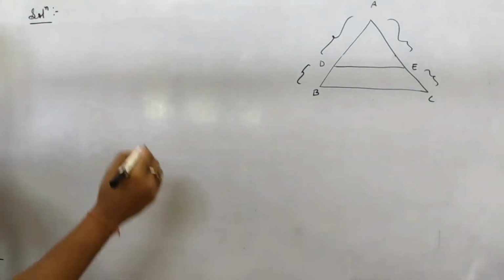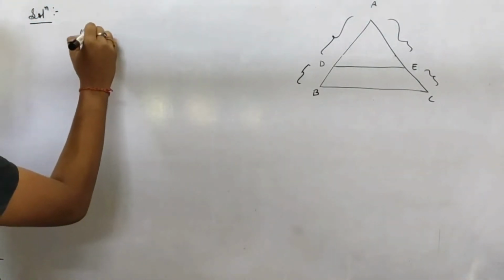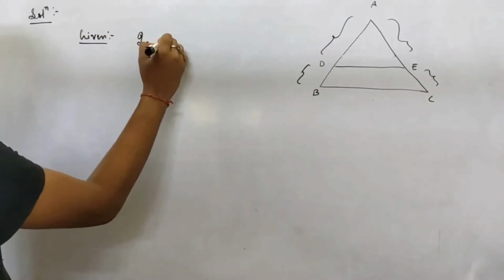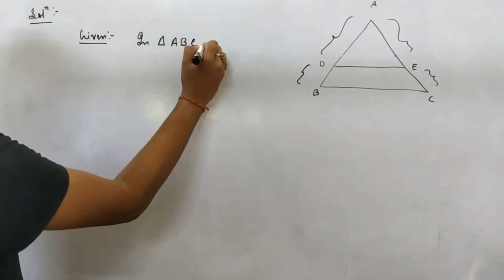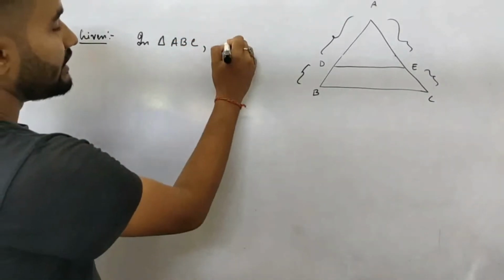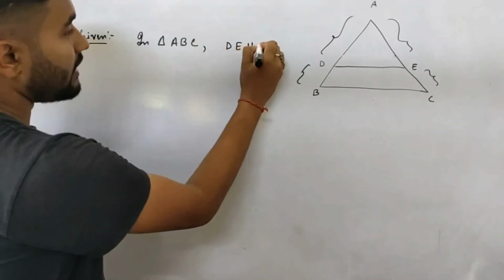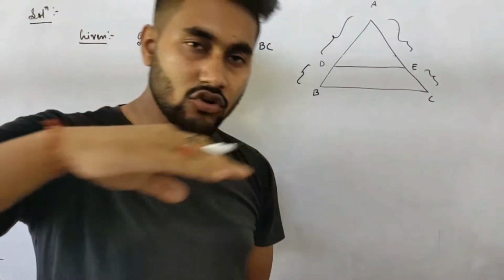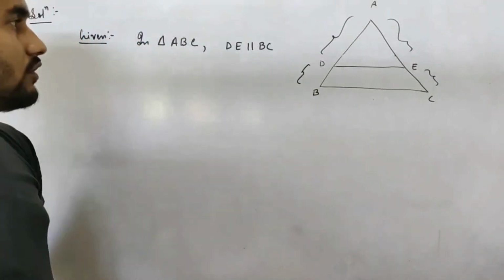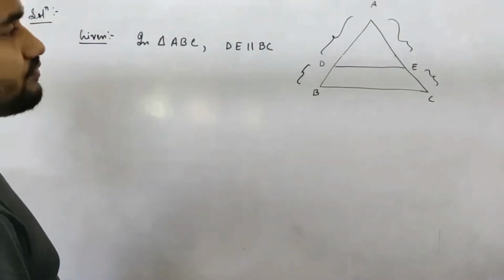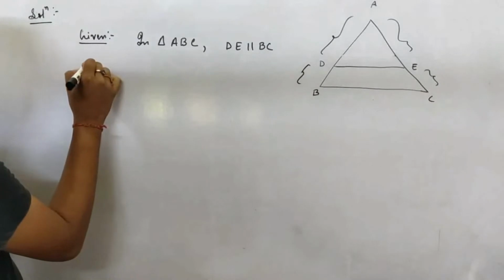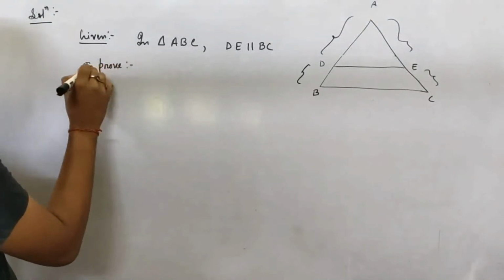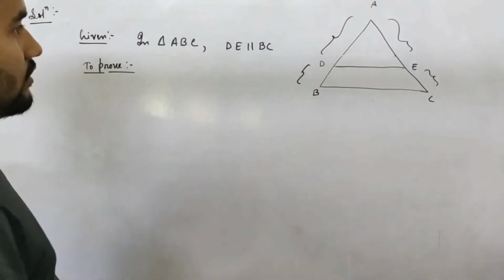So let me write the given part. What is given? In triangle ABC, DE is parallel to BC. This is directly given in the question, that if a line is drawn parallel to one side of a triangle. Now, what we have to prove?